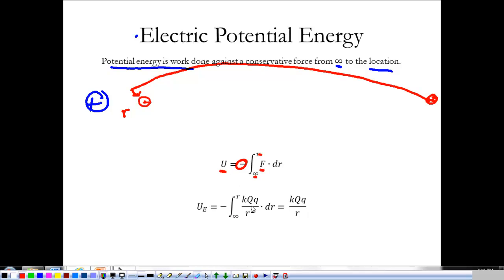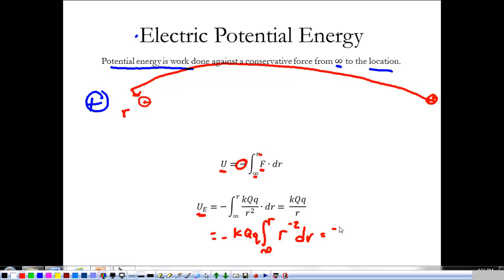So if we plug in Coulomb's law, the force between those two charges, because this is electric potential energy, we take the integral of that. To show a few more steps, we'll pull out the K and the Q's because they're not being integrated. And so what we see is that we are integrating r to the negative 2 with respect to r.